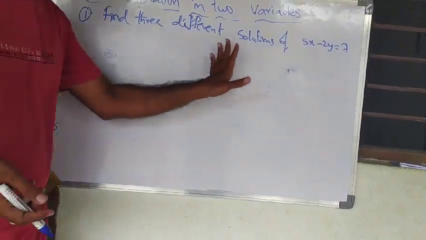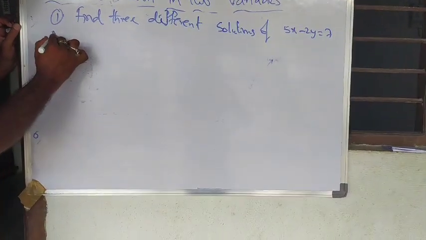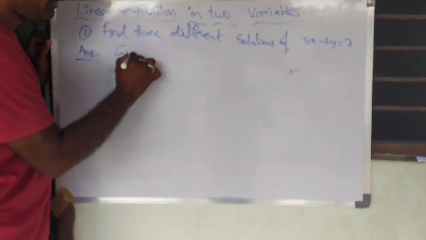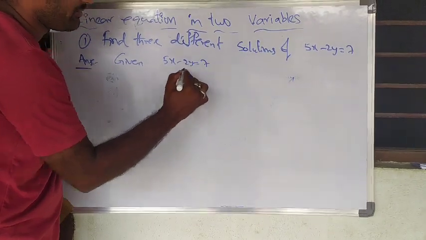Indeed this is also a linear equation in two variables. We need to find a minimum of three different solutions. So let us start finding three different solutions. Given linear equation: 5x minus 2y is equal to 7.